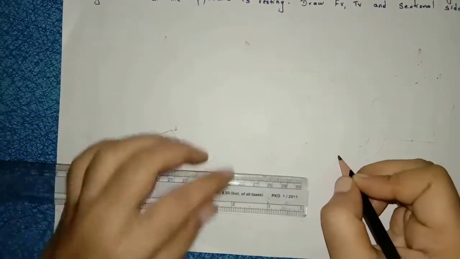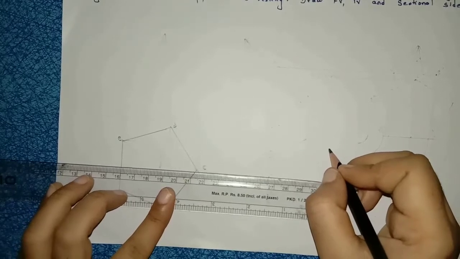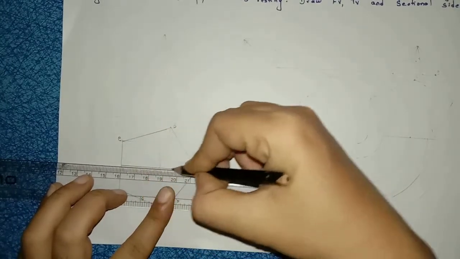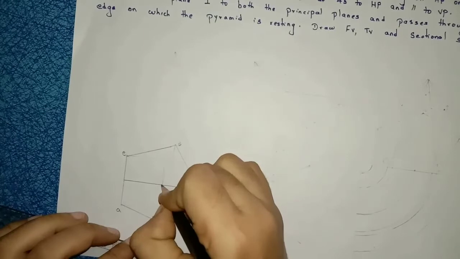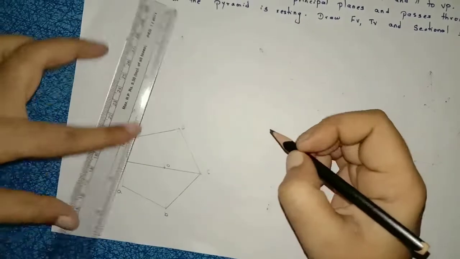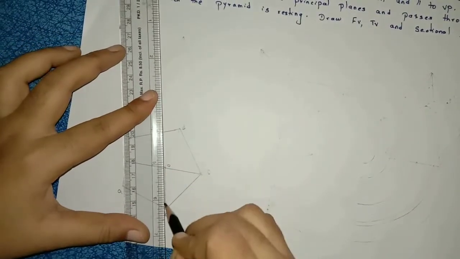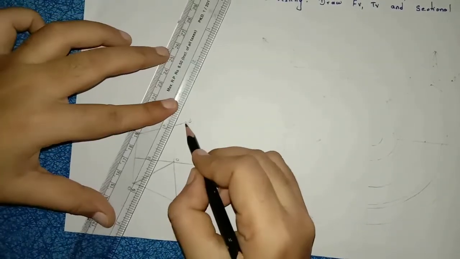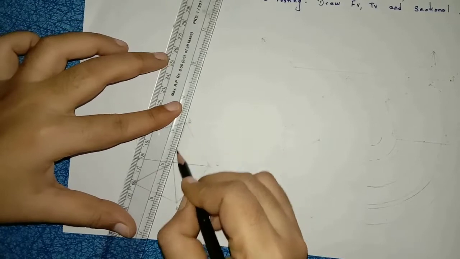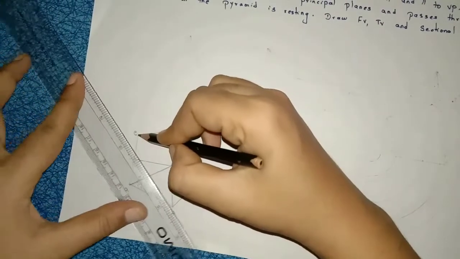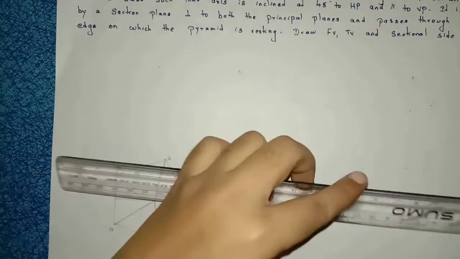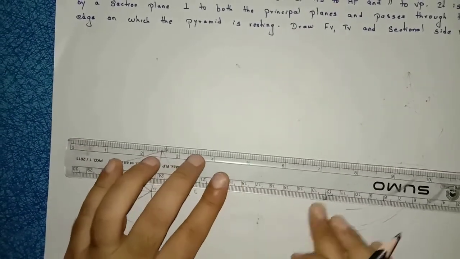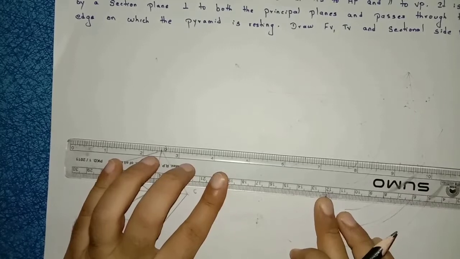Right, now mark the midpoint for this pentagon. Name this point as O. Join OA, OB, OC, OD, OE. Right, now through this corner leave a 5 mm gap and draw the reference line of any length.